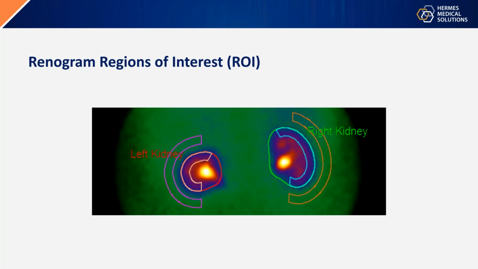This means that in the early stages of the renogram, the parenchyma will light up and be clearly visible, whereas the pelvic region is still not as visible. And this reverses in the later stages of the renogram, where the parenchyma might fade, but the pelvis lights up, like I have in my image here. So when one does the region drawing, one has to ensure that all parts of the kidney are present.